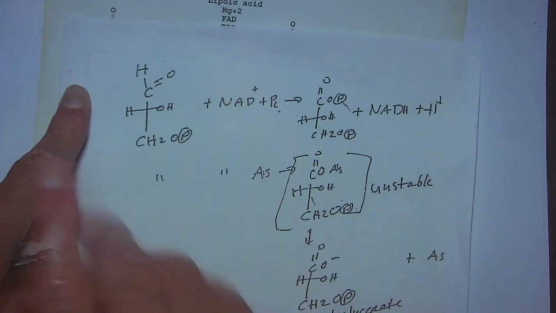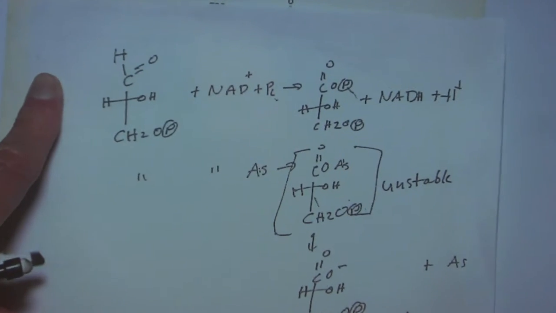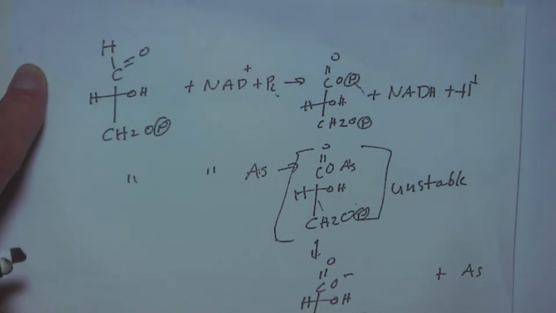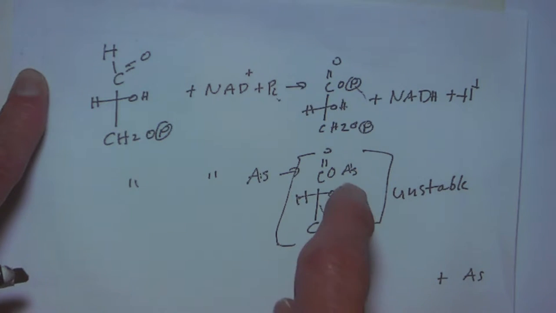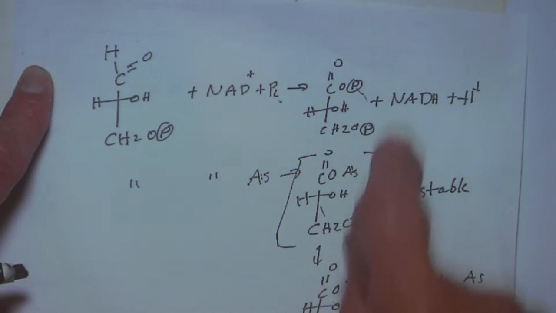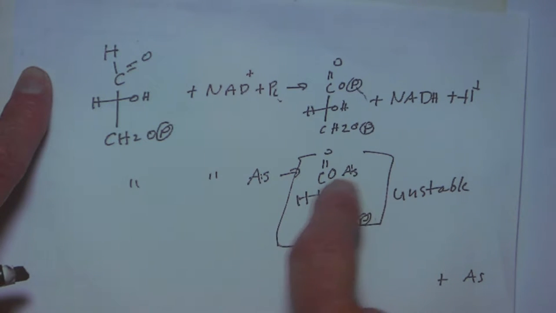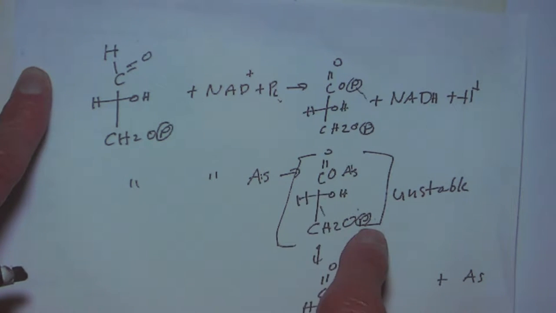But if we add arsenate, which is in the periodic table very close to phosphate, the arsenate gets in. Instead of a phosphate, you add an arsenate here, and you get this compound.